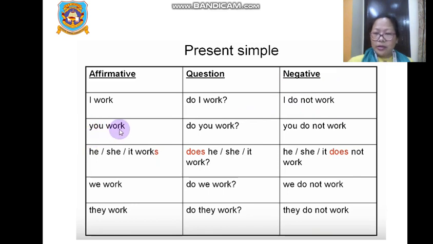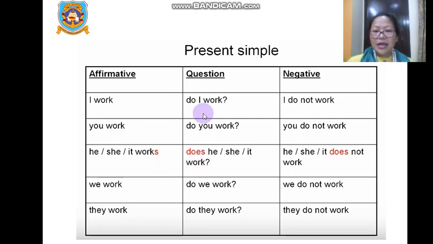You work, do you work? This is second person. You do not work. But in the third person, he works. Does he work? It's a question. And negative, he does not work.